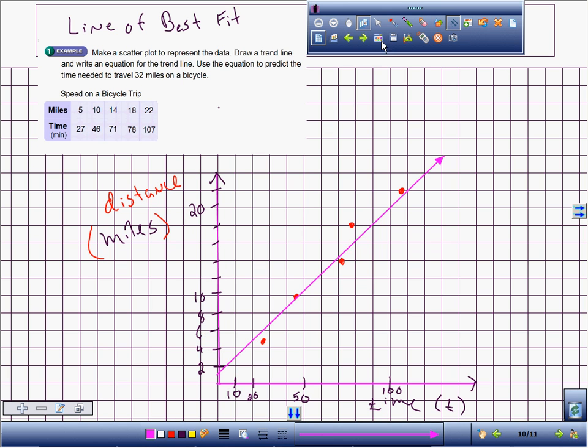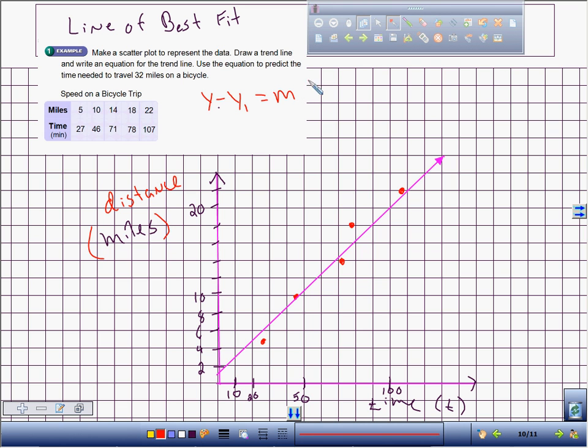Now, to come up with an equation, what I need to do is, they want you to do it in point slope form. So what you're going to do is y minus y1 equals m times x minus x1. And what you want to look for is a point that this line seems to go through.